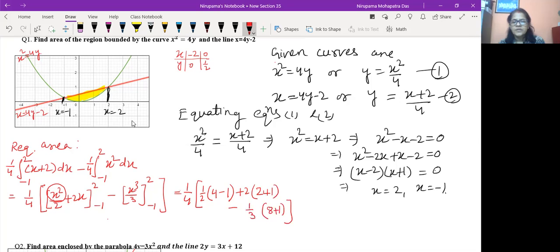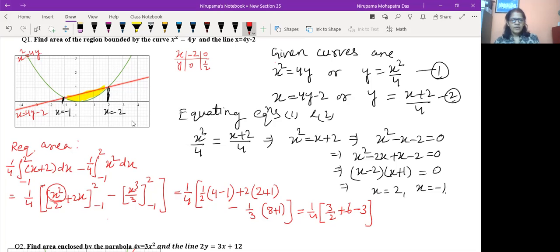So this is equal to 1 by 4 of, you are writing here 3 by 2, right? 3 by 2 plus 3 into 2, 6. Now here it is minus 9 by 3, that is 3. So should I just check it again? Whenever you are taking 1 by 2, it is 4 minus 1.